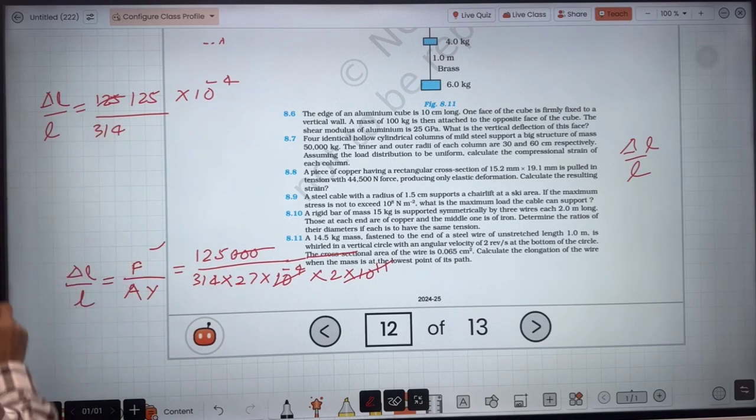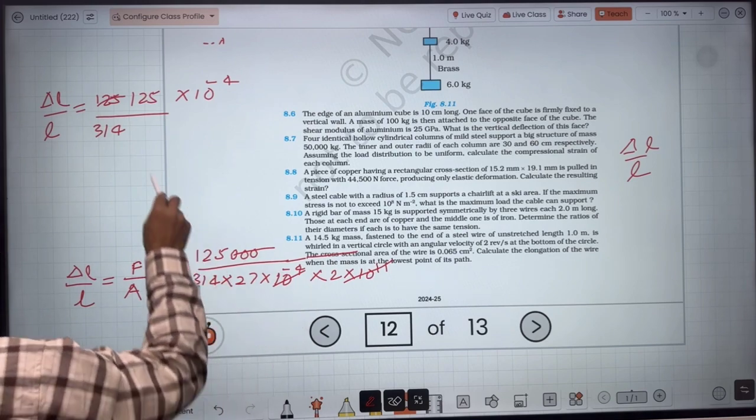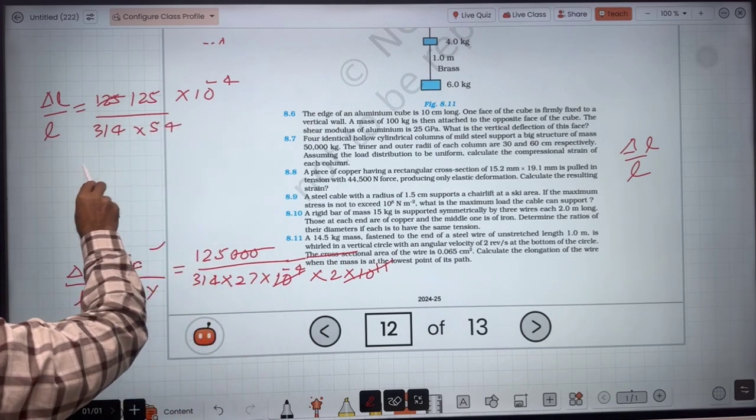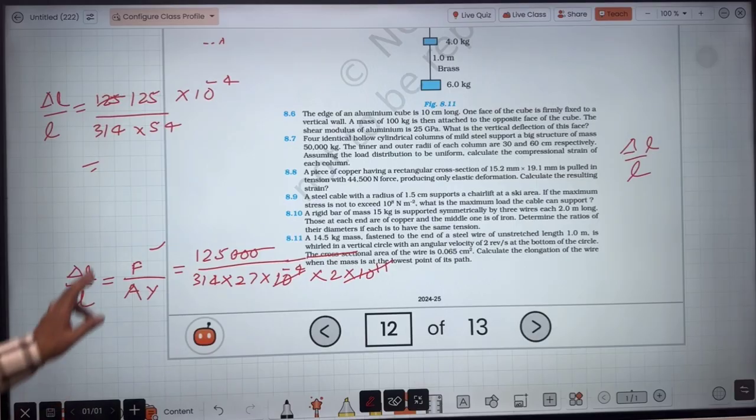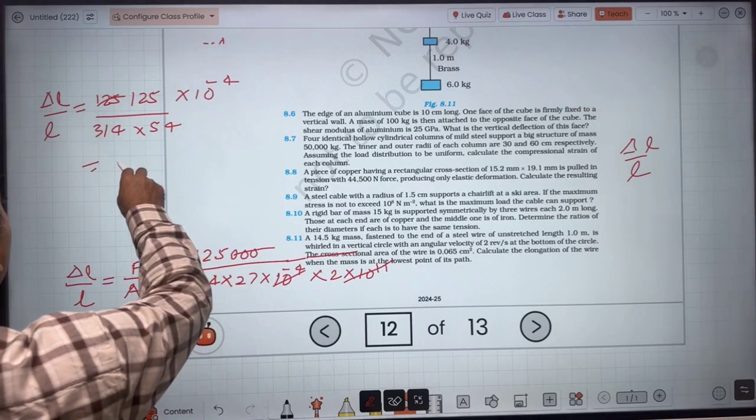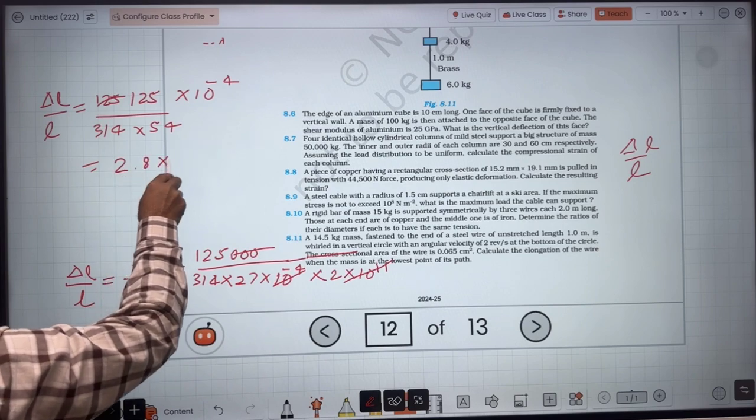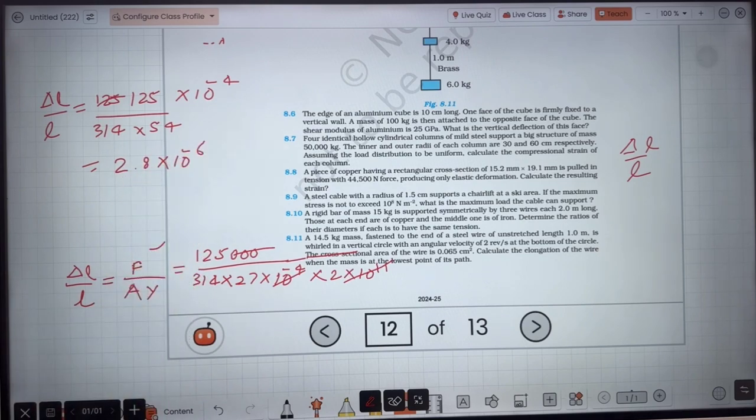Now, 314 multiplied by 27 is 54. Let's simplify. Take 1 minute to evaluate it. It will come out to be 2.8 into 10 to the power minus 6.